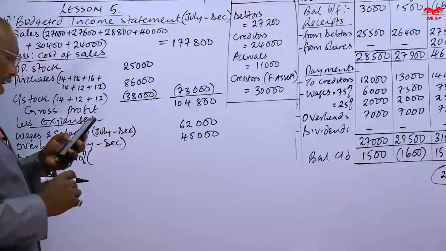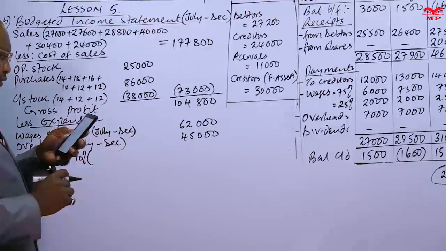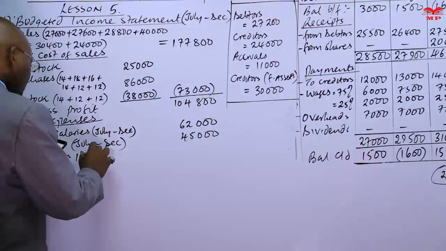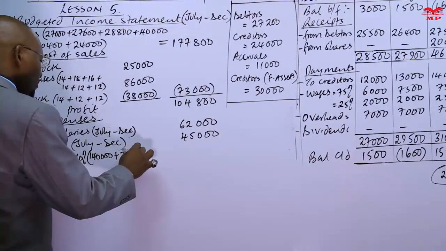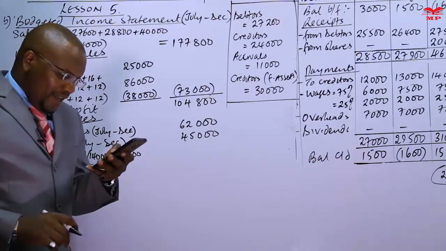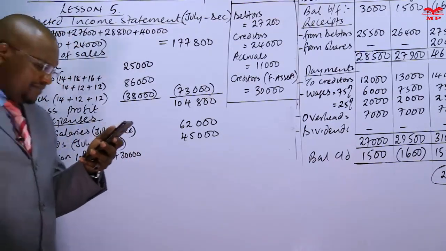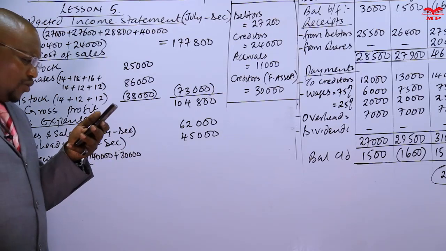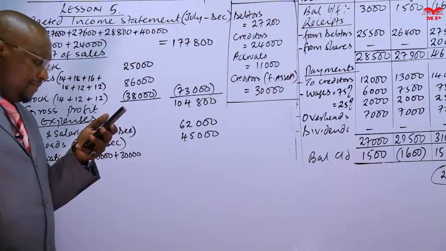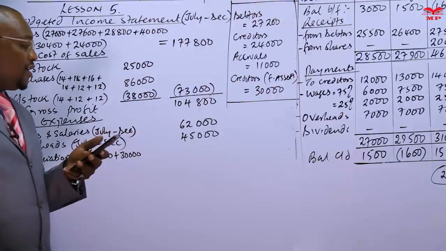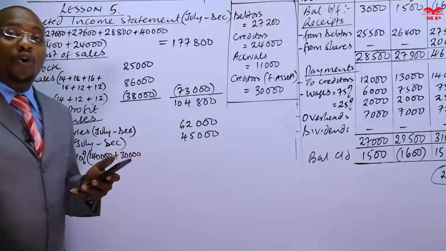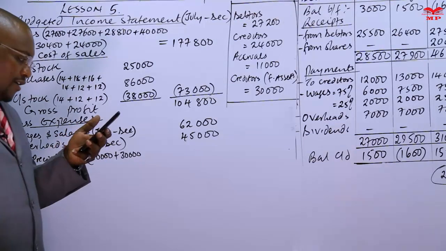The asset we have in the balance sheet cost is 140,000. We add the new one. We purchased the new one in the month of October, but it's going to be charged for the whole year, because you're told for a whole year.